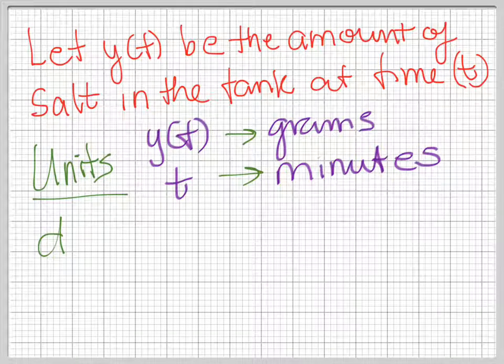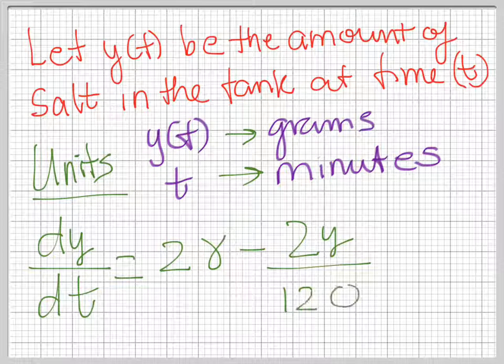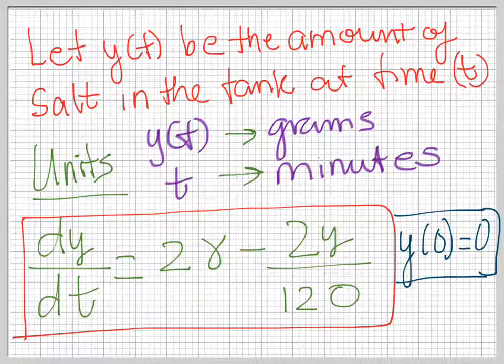At this point, we have a differential equation measuring the amount of salt at time t: y prime equals 2 gamma minus 2y divided by 120, because rate in is 2 gamma and rate out is 2y divided by 120, and we have an initial value, which is y of 0 equals 0.